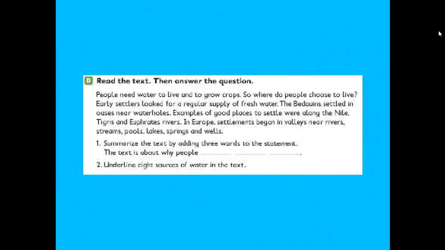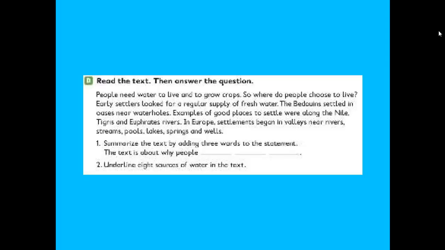Number D. Read the text, then answer the questions. People need water to live and to grow crops. So where do people choose to live? Early settlers looked for a regular supply of fresh water. The Bedouins settled in oases near waterholes. Examples of good places to settle were along the Nile, Tigris, and Euphrates rivers.